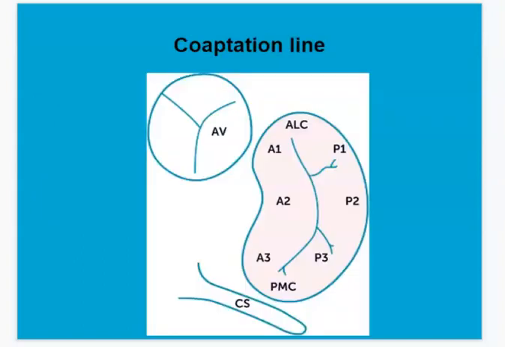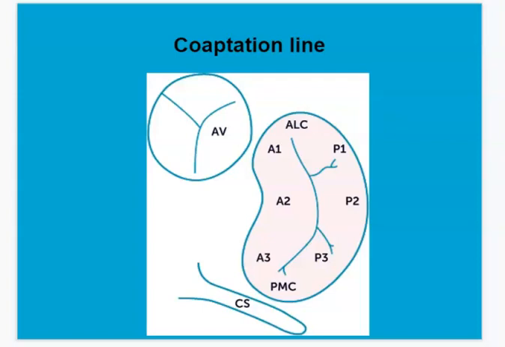When you look at the mitral valve and how we break it down, how the surgeon breaks it down, you can see it has a line of coaptation between the anterior and posterior leaflets.